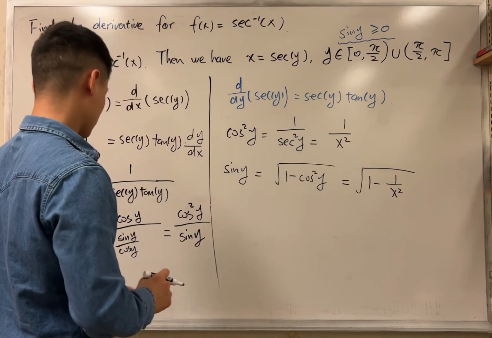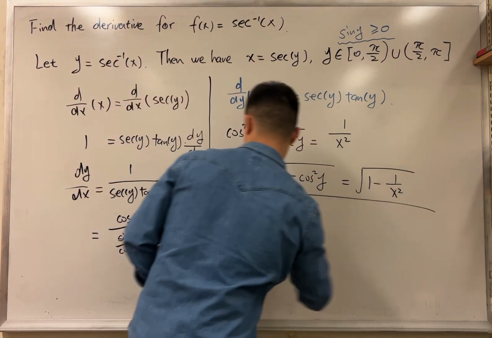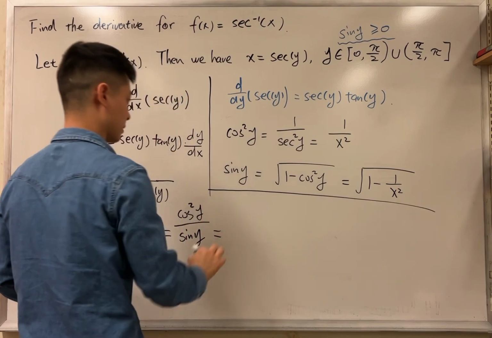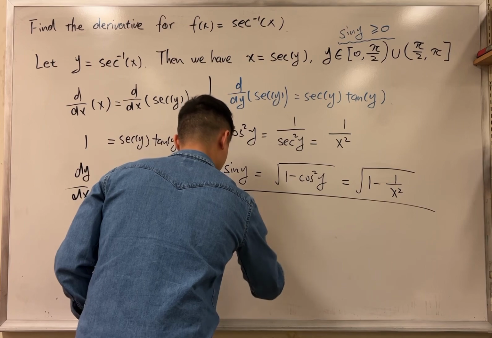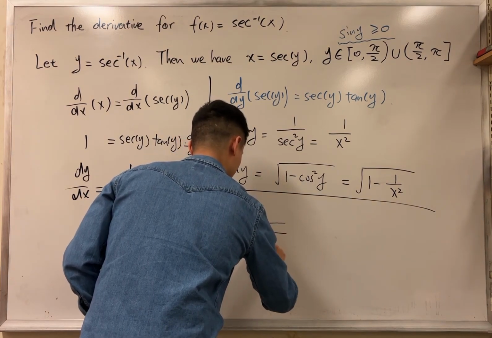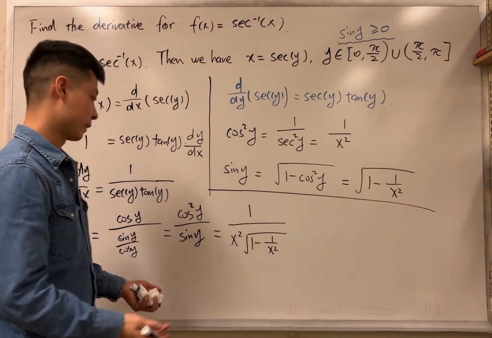And at last, we're going to do the substitution. That's going to take us to this divided by that. So 1 divided by x squared, over the square root of 1 minus 1 divided by x squared, which could be called the final answer.